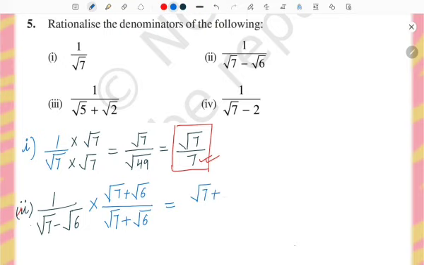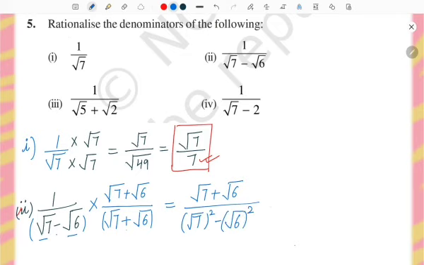Root 7 plus root 6. The denominator has same numbers but different signs in the bracket. So after using the identity, it is root 7 square minus root 6 whole square. The identity we have used is a plus b and a minus b is equal to a square minus b square.